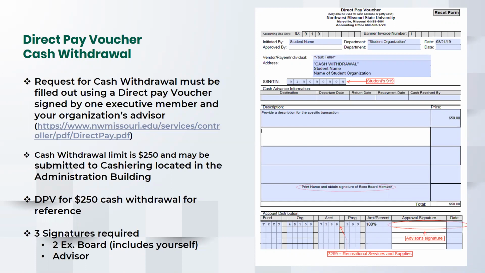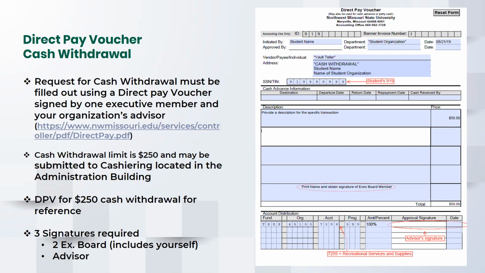And if you fill out the direct pay voucher exactly with the student name, the student organization, the vault teller, and then the cash withdrawal with the student name who is requesting this, as well as the name of the student organization, and then just the general information below, exactly as it appears on this example, this will allow you to withdraw up to the $250 in cash.